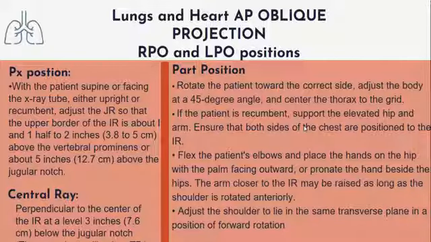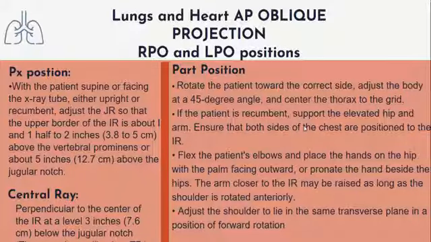Adjust the IR so that the upper border of the IR is about 1 and 1/2 to 2 inches above the vertebral prominence or about 5 inches above the jugular notch. Then, for the central ray, we need to place it perpendicular to the center of the IR at a level 3 inches above the jugular notch. And the central ray will exit at T7.